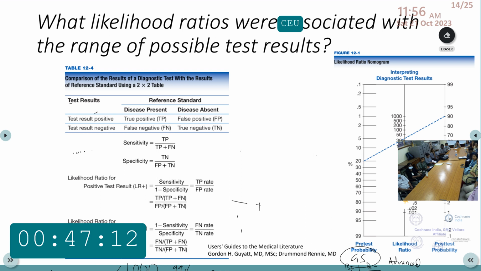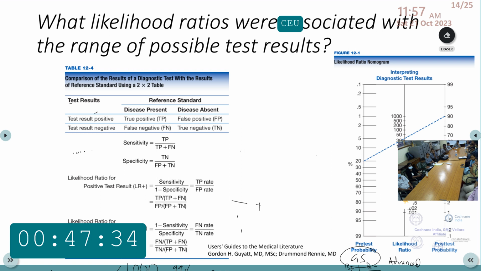But here the likelihood ratio is a fraction between true positives and false positives. That means out of all those who had the disease, how many of them tested positive, and you divide that by out of all those who did not have the disease, how many of them tested positive. So that's how we calculate the true positivity rate and the false positivity rate. The fraction between the two gives us a likelihood ratio.